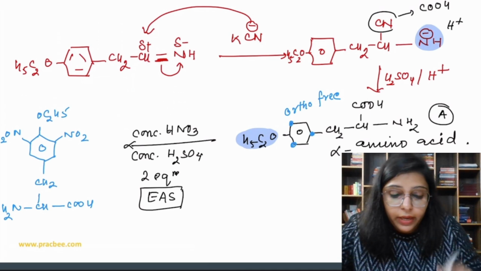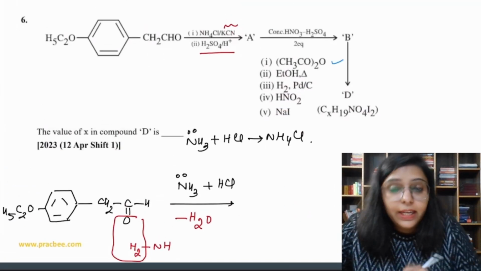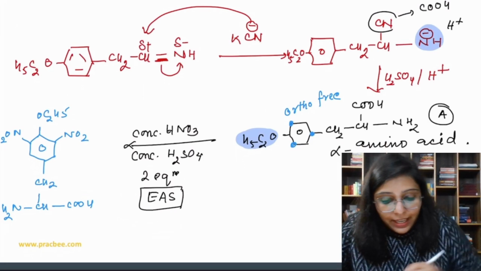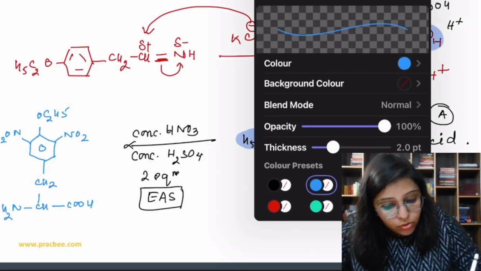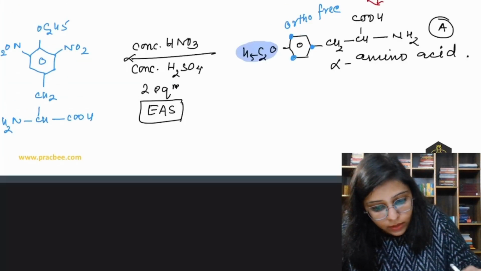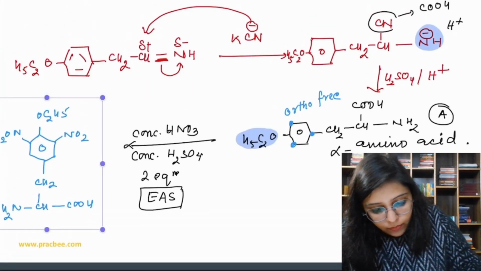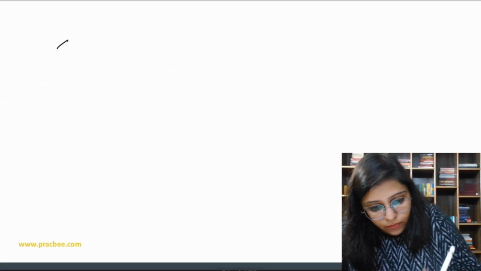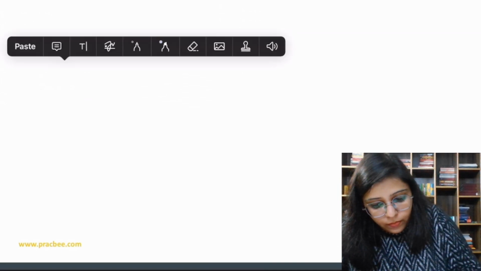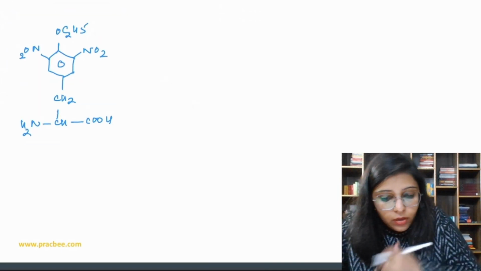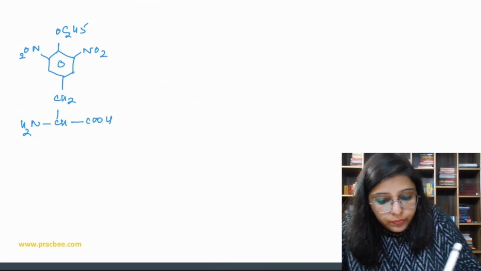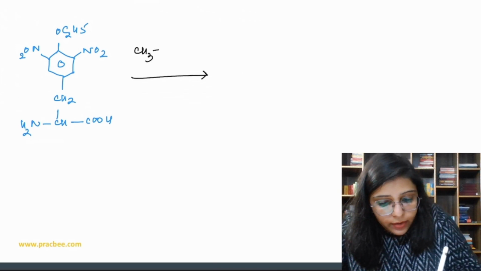Clear? Now next, we have acetic anhydride. Let me rewrite this. So now what happens? Acetic anhydride, CH3 C double bond O and C double bond O CH3.